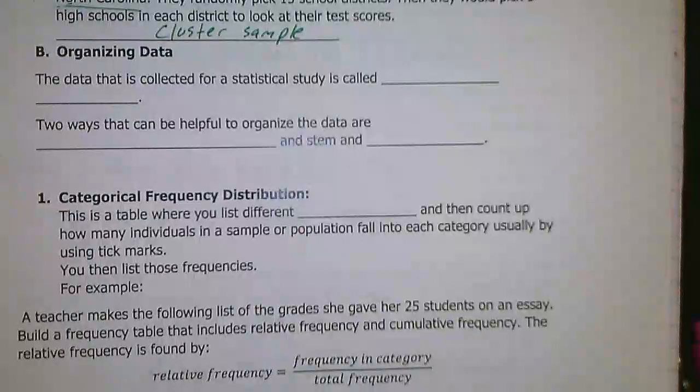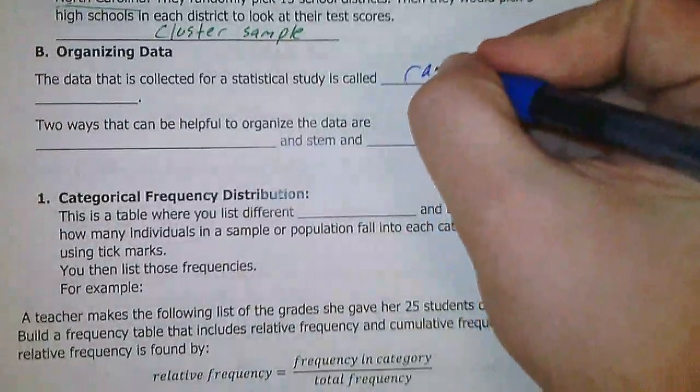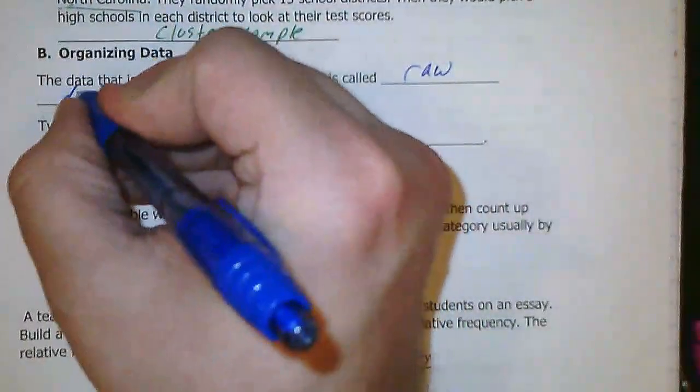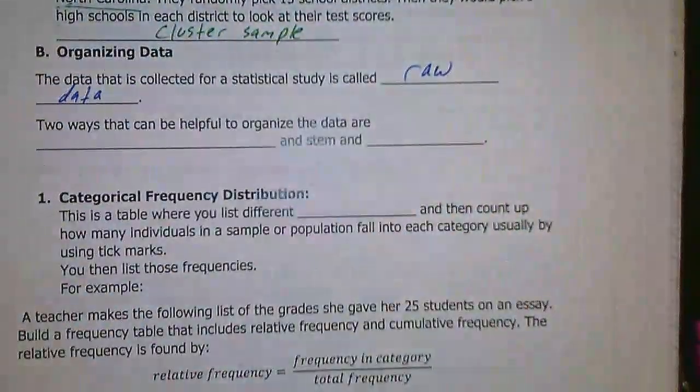So what do we do with this data once we have it? The data that is collected for a statistical study is called raw data. So just pulling in the data without organizing it. That is the raw data.